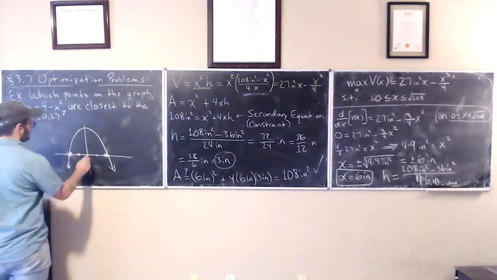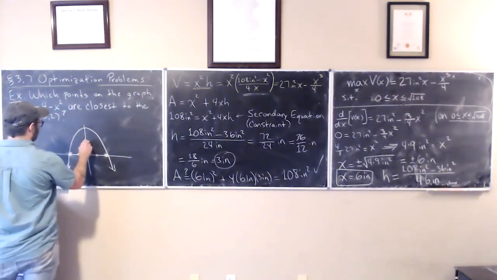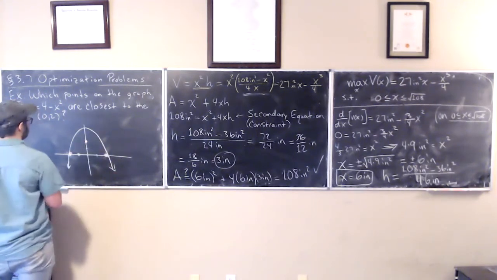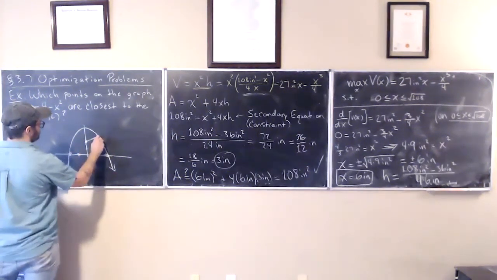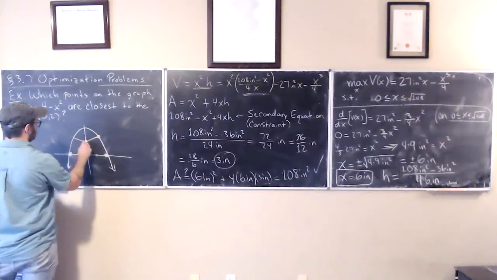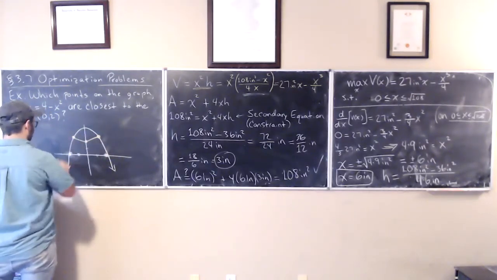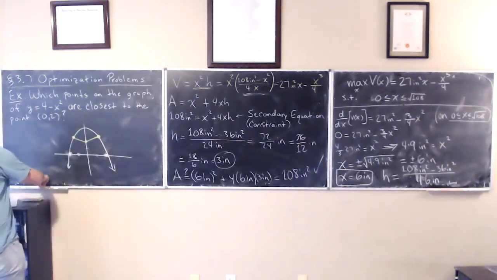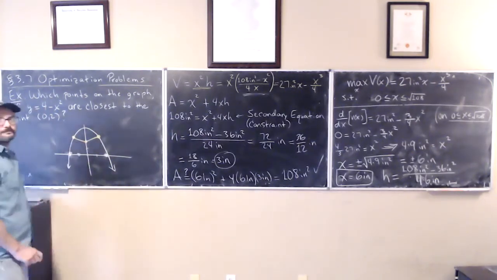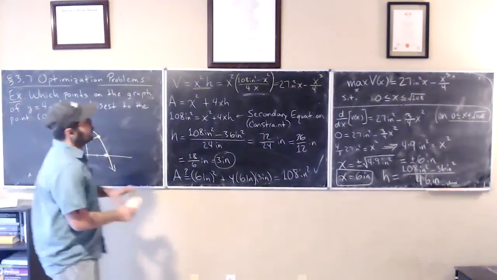Okay, and then (0, 2) is right there. And we want to know what the closest points are on that graph to that point there.